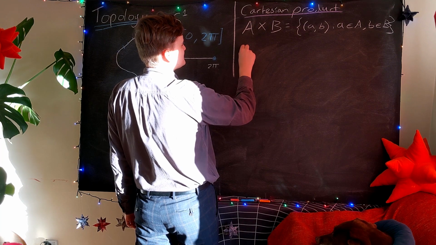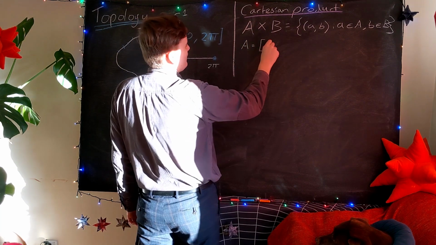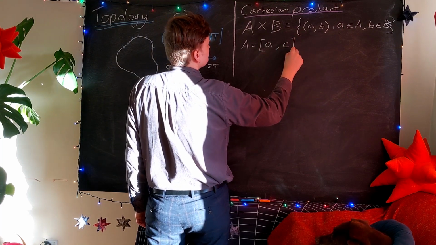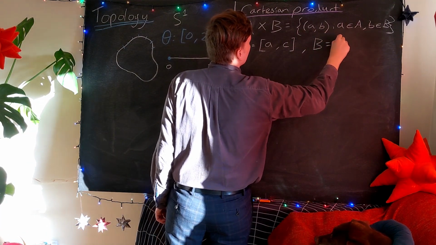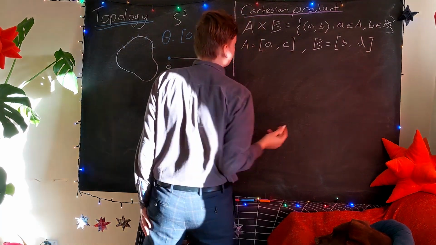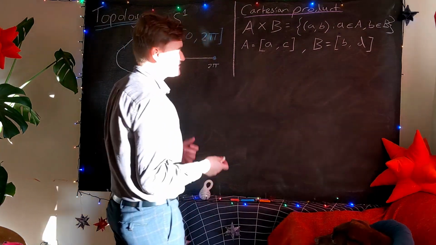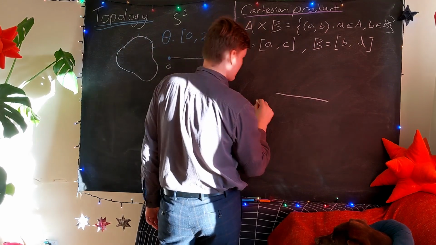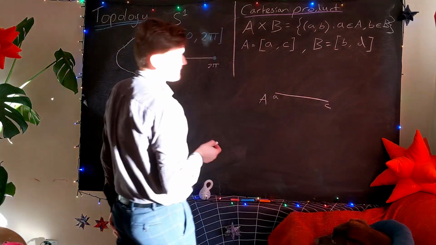I'm going to call the first interval A to C, and the second interval can be B to D. And now how might we go about forming the Cartesian product of these two intervals? Well, first of all, I'll just draw one of the intervals for you. So this is going to be A and C.